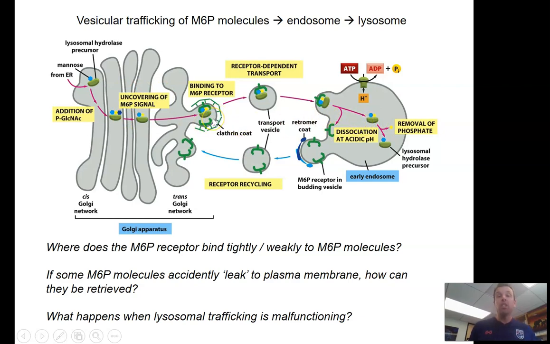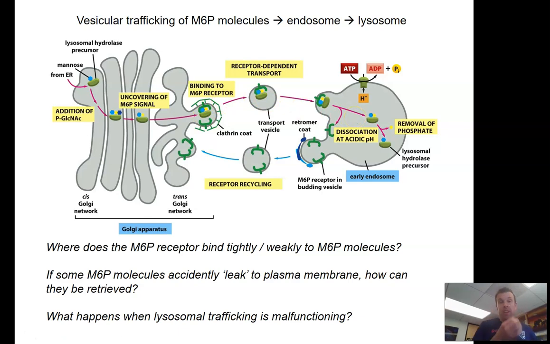That difference in pH changes the fold of the receptor and the lysosomal enzyme just enough that affinity is changed. So we have high affinity here, it goes in the vesicle, and when it fuses with this endosome where the pH is lower, that fold changes a little bit and this becomes lower affinity and the lysosomal enzyme's released. So you want high affinity where it binds, low affinity where it's released.